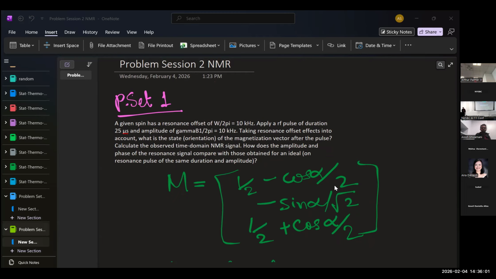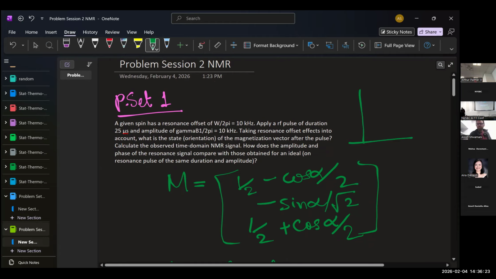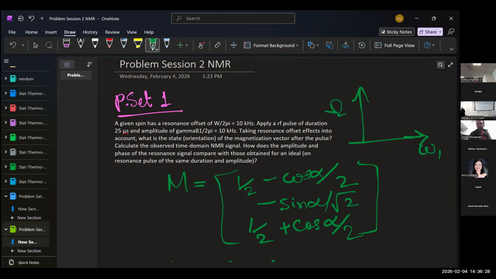We were looking at this problem where you had an offset of 10 kilohertz and a B1 field also of 10 kilohertz, which gave you this sort of situation where capital omega and omega 1 are like that. So the effective field is at an angle of 45 degrees.